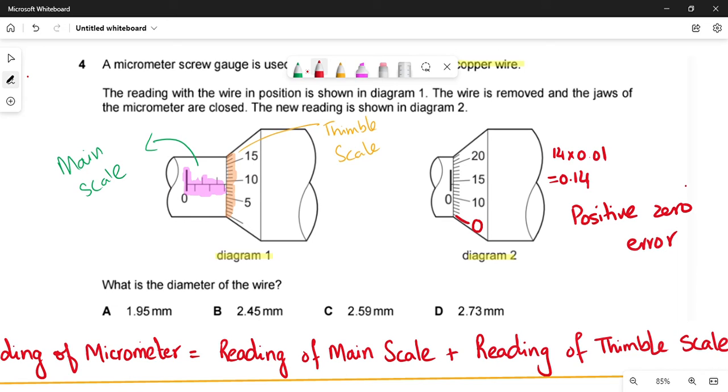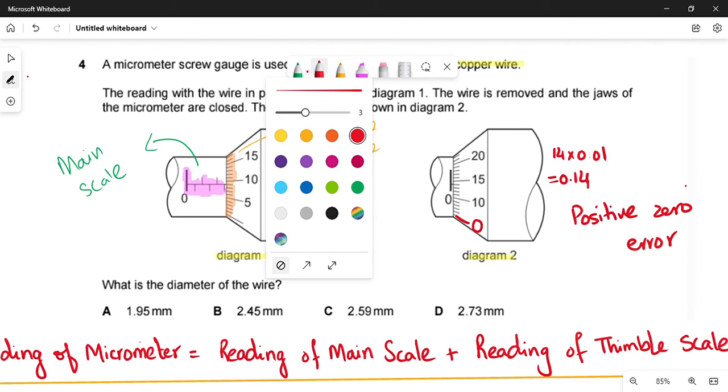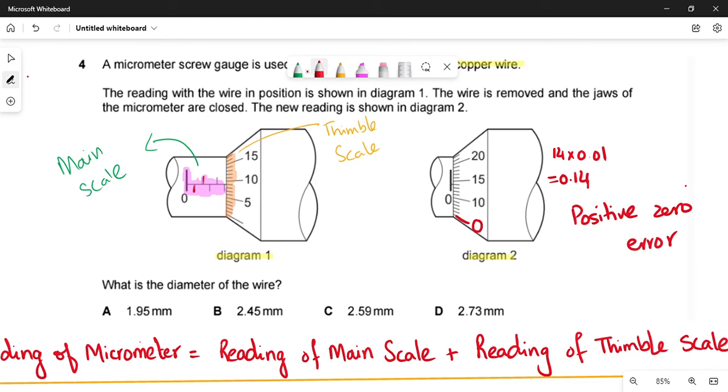Now we can read from diagram 1 when the wire is actually fixed. The reading from the screw gauge on the main scale is: this is 0.5, this is 1, this is 1.5, this is 2, this is 2.5. So the reading on the main scale is 2.5 millimeters, and the thimble scale is coinciding at this line, which is 9.